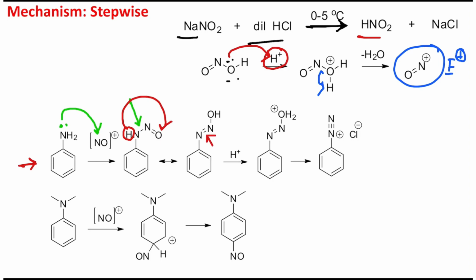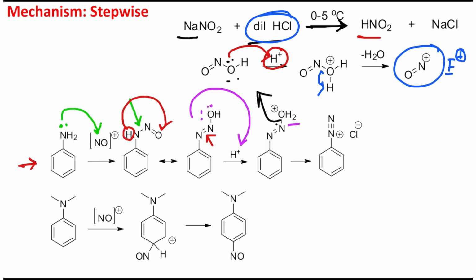See, the reaction medium is acidic because of NaNO2 and dilute HCl. So in the subsequent stage, the lone pair of oxygen will react with H+ and produce this OH2+. A similar process, and in the next step this OH2 will leave and produce this diazonium salt. So this is the diazonium salt, student.